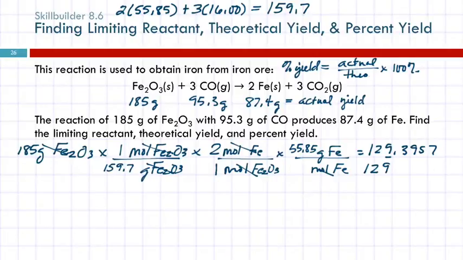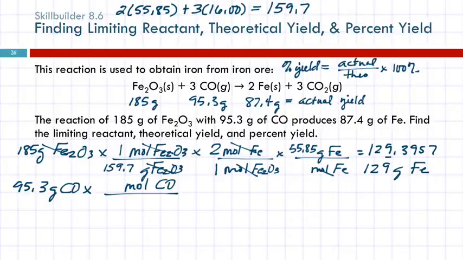So that would be 129 grams of iron. Then I have to take the mass of CO and calculate how much could be made from that. Grams of CO down here.